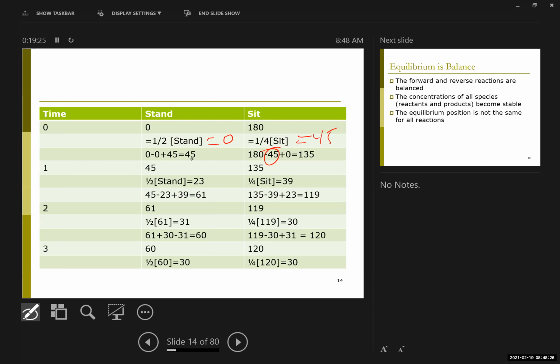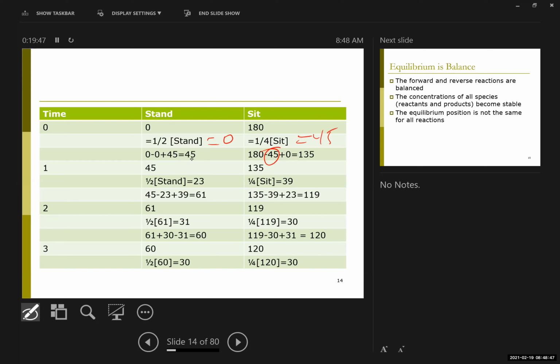And so now my goal, when confronted quantitatively with a chemical reaction, right, is not to see what runs out. It's to find what that point of balance is. In this case, my point of balance is twice as many sitters as standers.